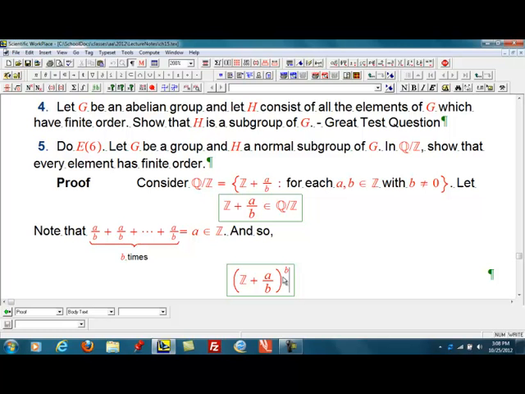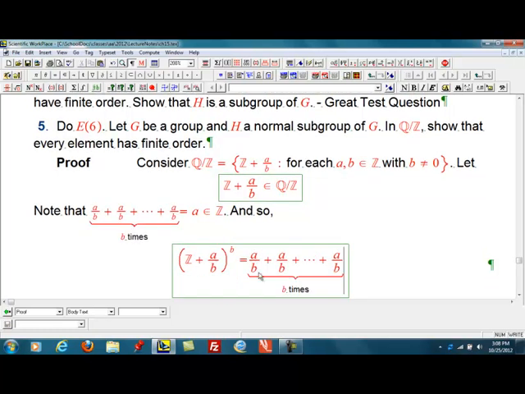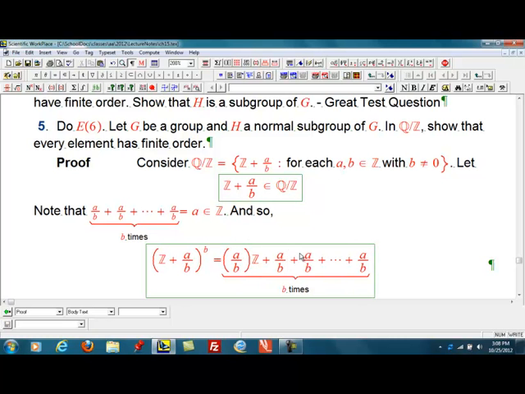Even though I'm putting it as the power b, that means I'm adding it together b times. Yeah, the operation is addition.